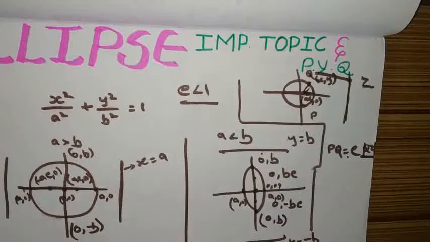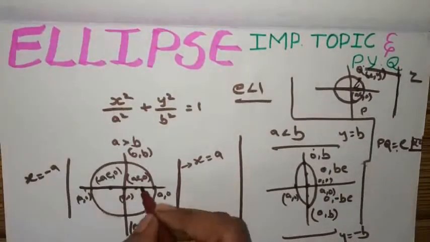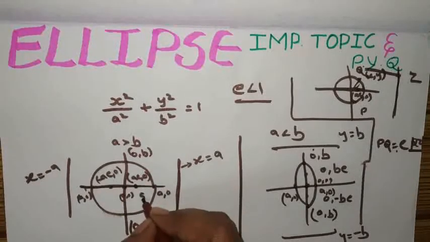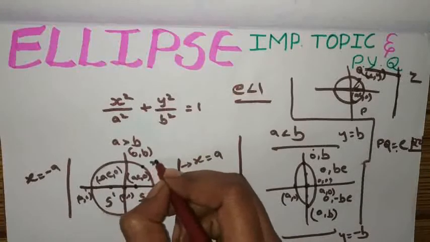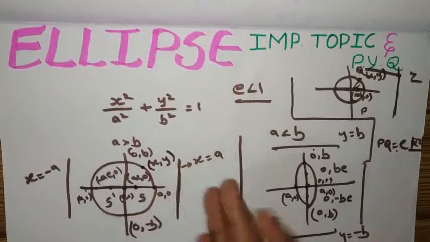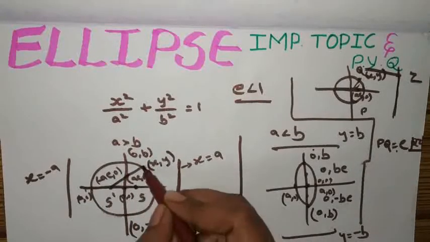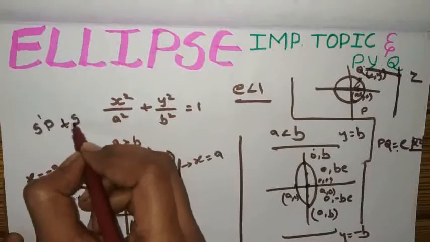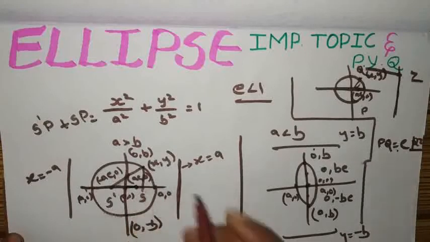Another important thing is also there. See, this is the focus, right? Say this is S and this is S dash. Now take a point (x, y). Then from this we can say that S dash P plus SP is equal to 2 into a.